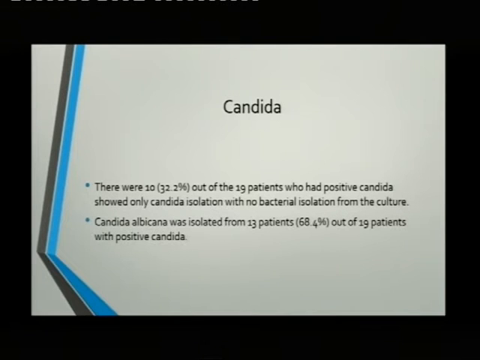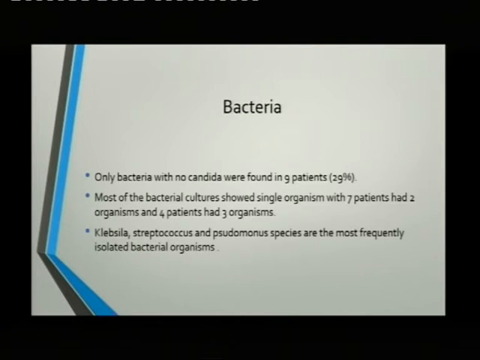Candida albicans was isolated from 13 patients, which is 68%. Only bacteria with no Candida were found in 9 patients, around 29%. Most of the bacterial cultures showed a single organism, with 7 patients having 2 organisms and 4 having 3 organisms. Klebsiella was the most common, followed by Streptococcus and Pseudomonas species.